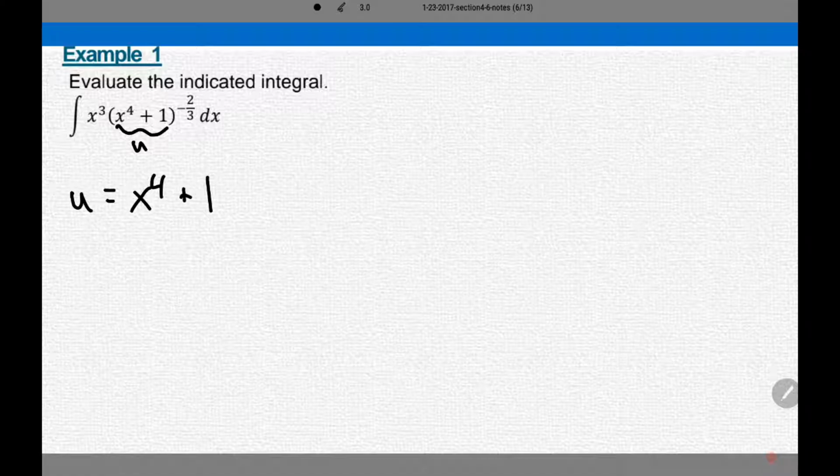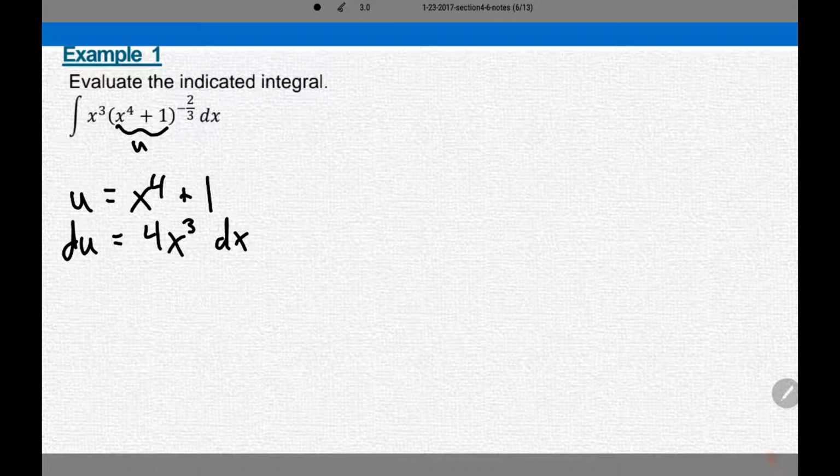And then we need to differentiate this with respect to x. So if I do this with respect to x, you'll notice the derivative is 4x cubed. And the only difference now from what we had before is we're going to put a little dx out here because we differentiated it with respect to x. So du is equal to 4x cubed dx.